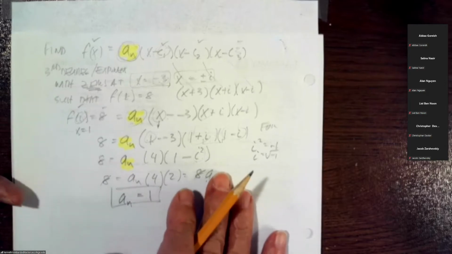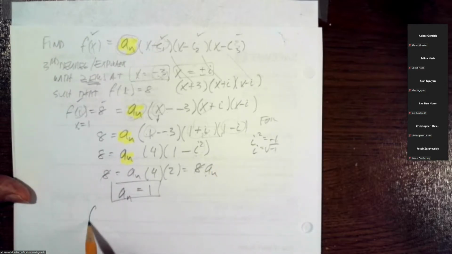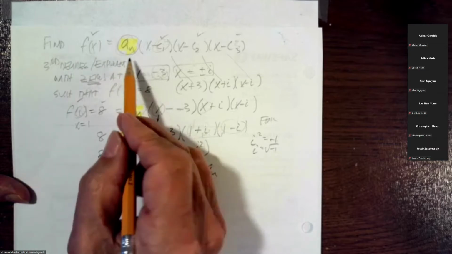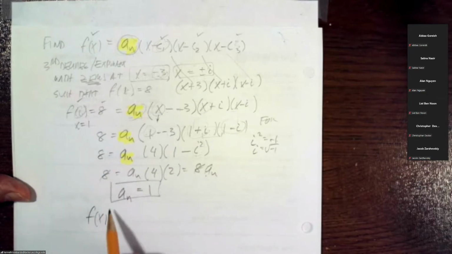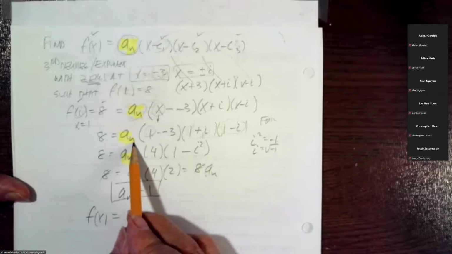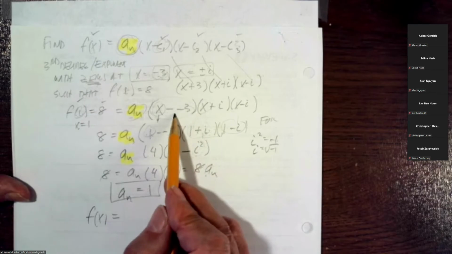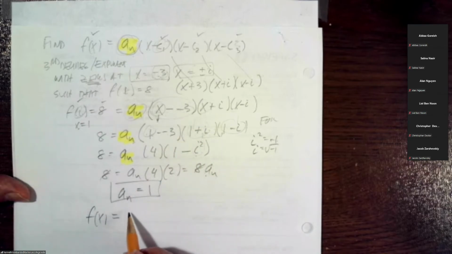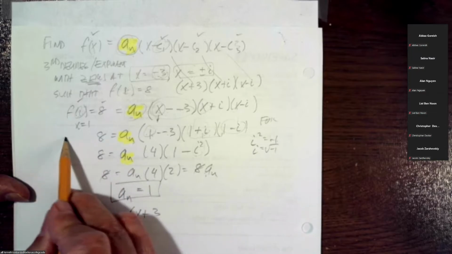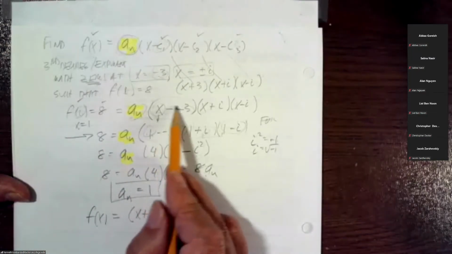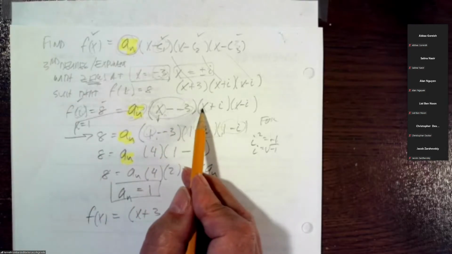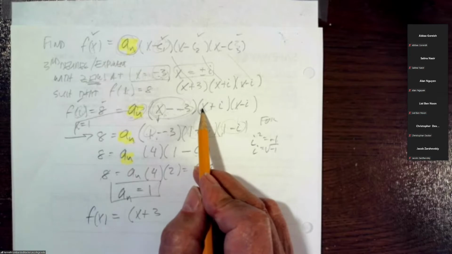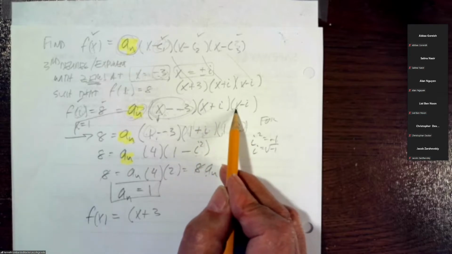All right, so what that tells us is that our f of x above this a sub n value is 1. So it's just going to be whatever these coefficients are. Here it's going to be x plus 3. We're looking right here, x plus 3. We see that here, and we see that here. Times x plus i, x minus i.